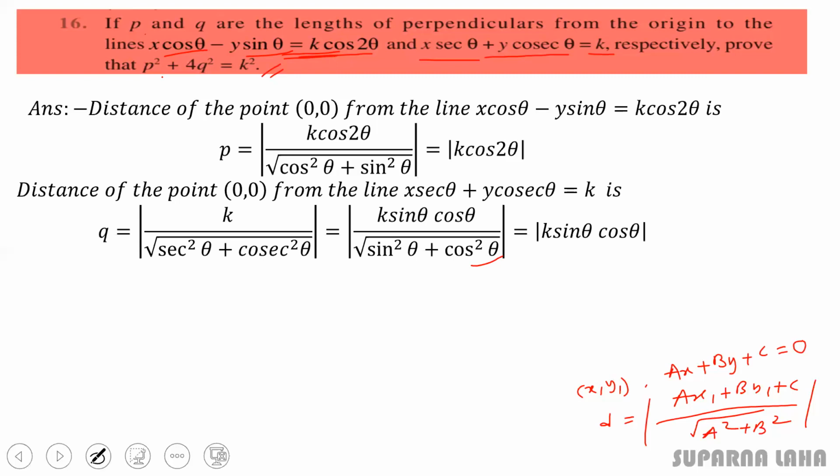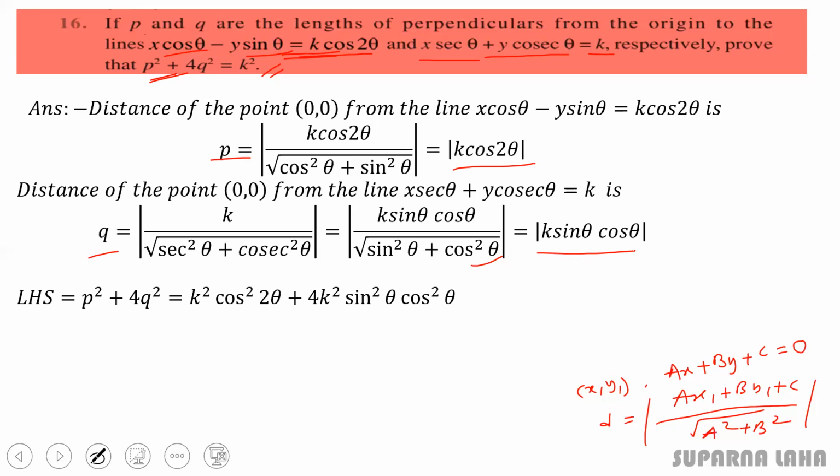Now look at the left hand side, P square plus 4Q square. P is K cos 2 theta and Q is K sine theta cos theta. So write down the value: K square cos square 2 theta is P square. 4 into Q square means 4 K square sine square theta cos square theta. Now look at that. Sine 2 theta is 2 sine theta cos theta.